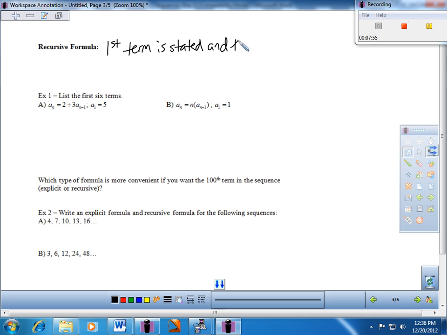So, and then a rule for, and this is generally how they're going to work out for us, obtaining any term based on the preceding term, the one that goes before it.